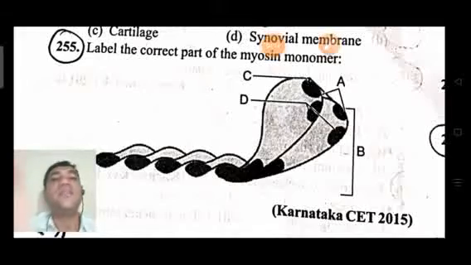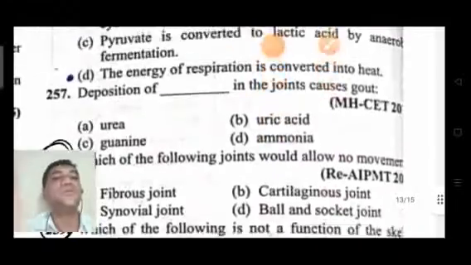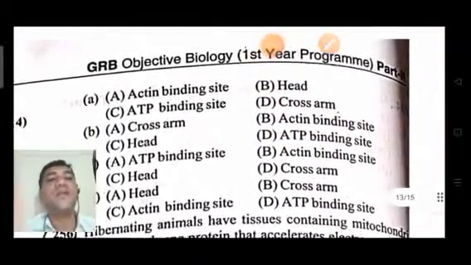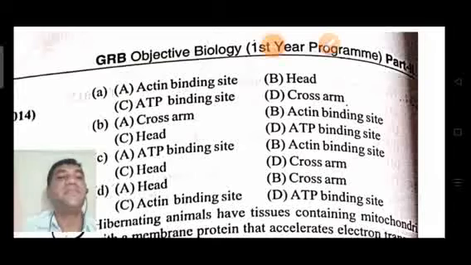So here, label the correct parts of a myosin monomer. Monomer means single unit. Here, A is actin binding site, head, C is ATP binding site, cross arm. In another option, A is cross arm, B is actin binding site, C is head, ATP binding site.